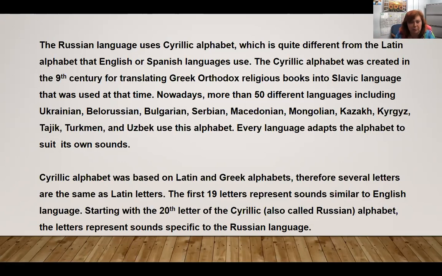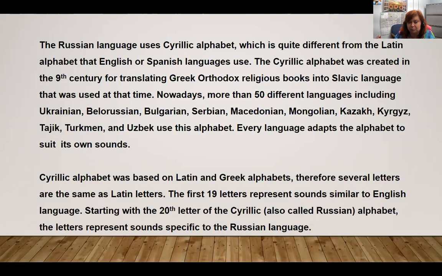So the Cyrillic alphabet was based on Latin and Greek alphabets. Therefore, you can see that several letters look the same as Latin letters, and several letters are completely different. The first 19 letters of the alphabet represent sounds similar to the English language, and they're the same because they came from Latin.